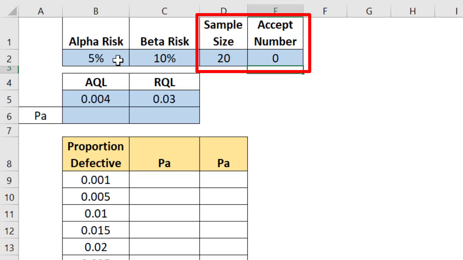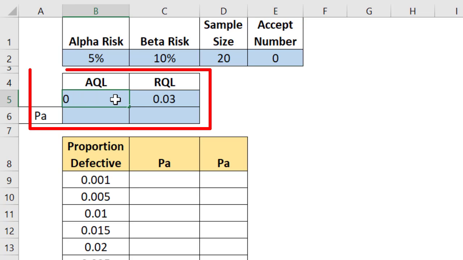That means if we find one or more defective, we will reject the lot. Let us consider that the AQL is 0.004 and the RQL is 0.03, or we can also say that the AQL is about 0.4% and RQL is about 3%.